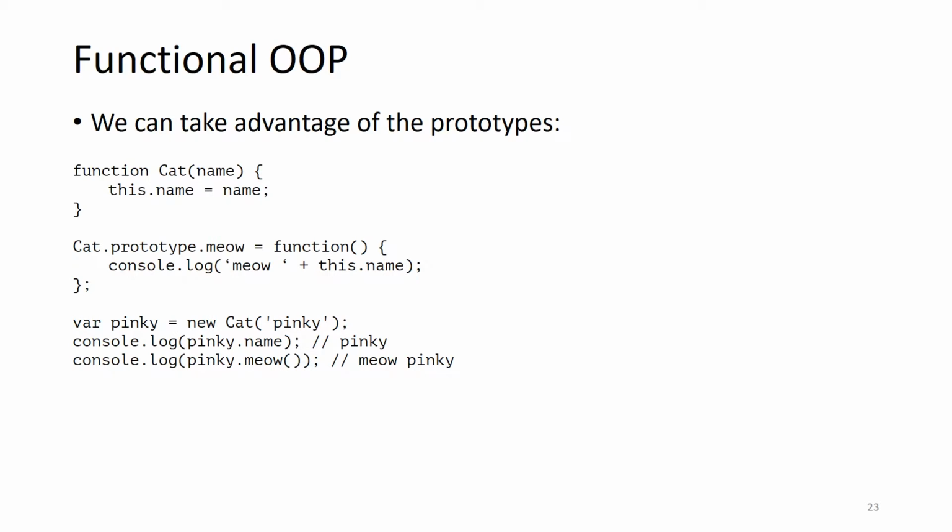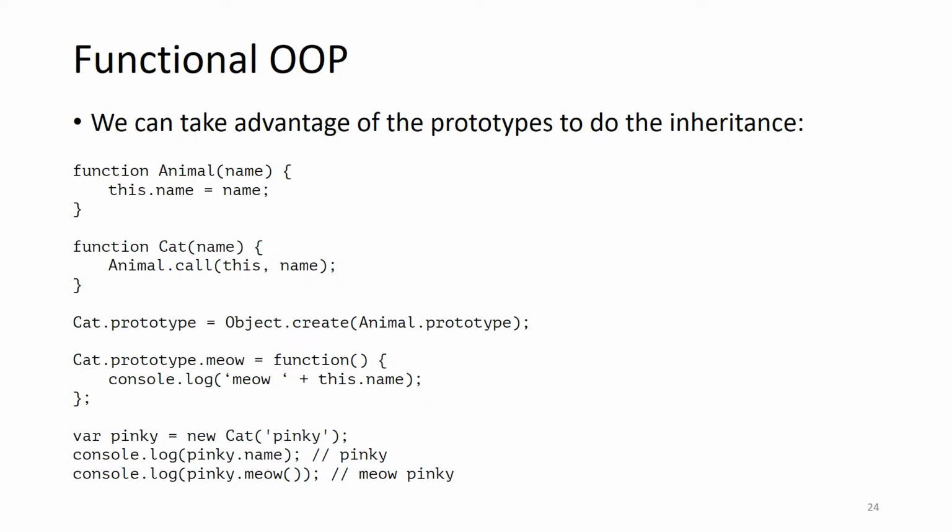But this prototype thing also can give us class inheritance. We can now create two classes, animal and cat, and say the cat prototype is an animal prototype. We have animal.prototype, which has nothing.